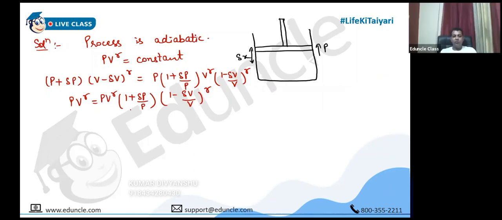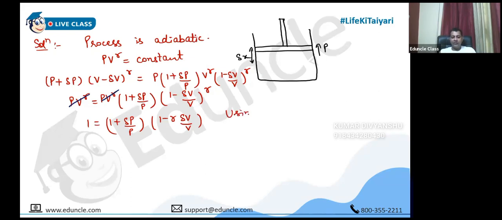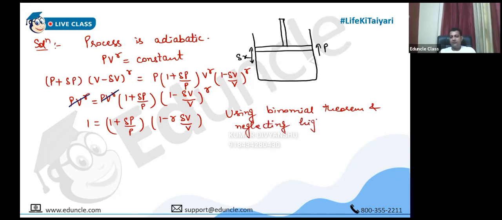Now, can we make use of the binomial theorem? Of course, PV gamma and PV gamma got cancelled from both the sides. So 1 equals this, which will remain as such, and here, retaining the first term using the binomial theorem and neglecting higher terms, as delta V by V is very small. The next term will be delta V by V square, which will be further smaller.